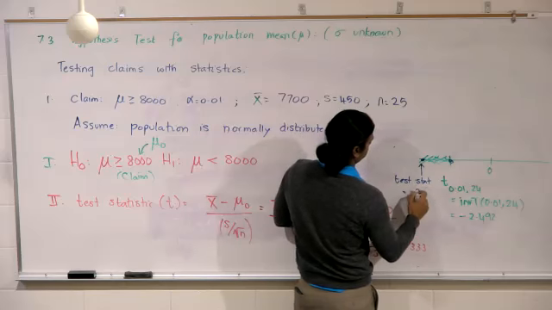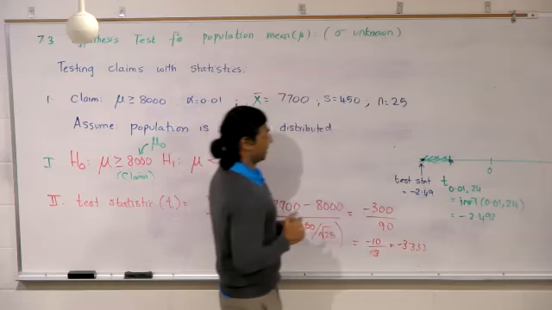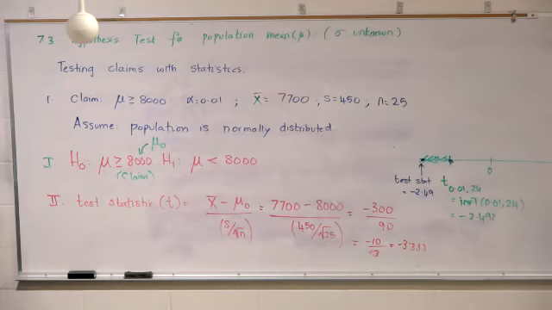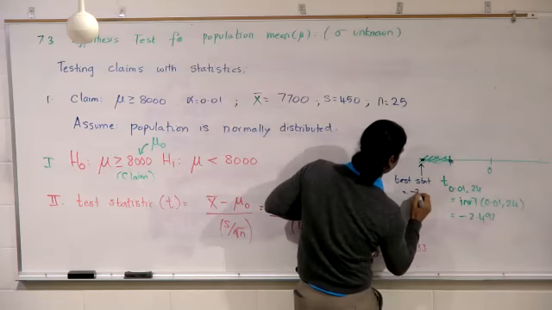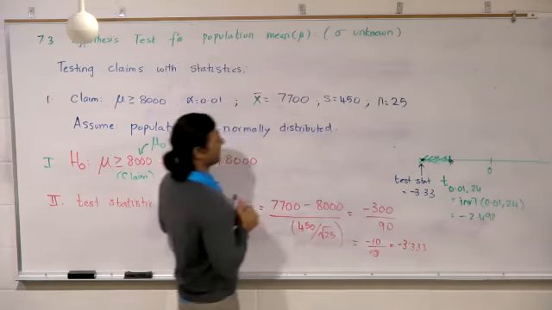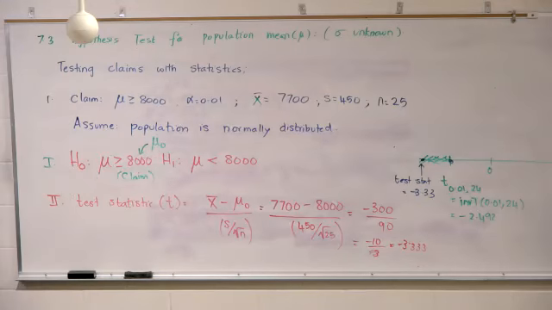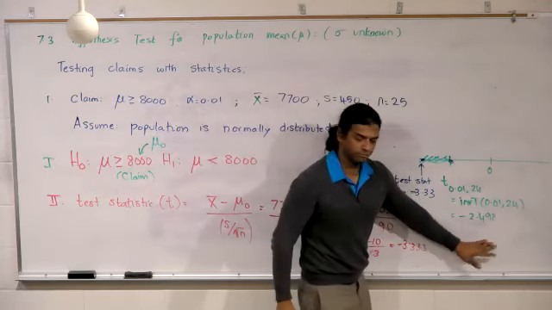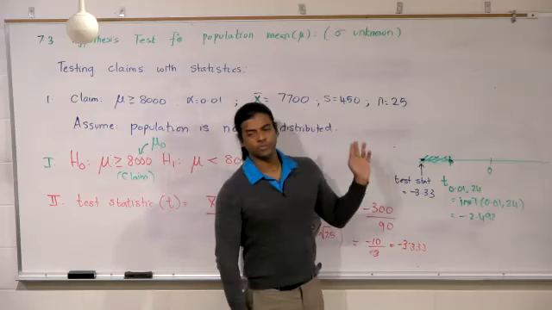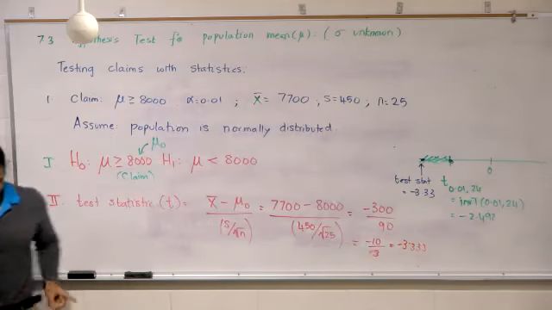So negative 3.33 is less than negative 2.492, so we reject the null.